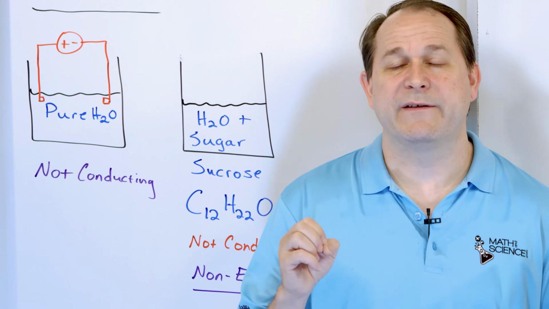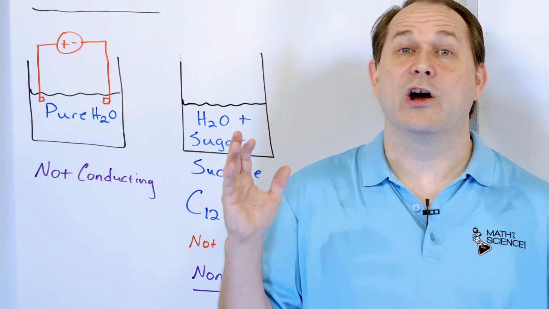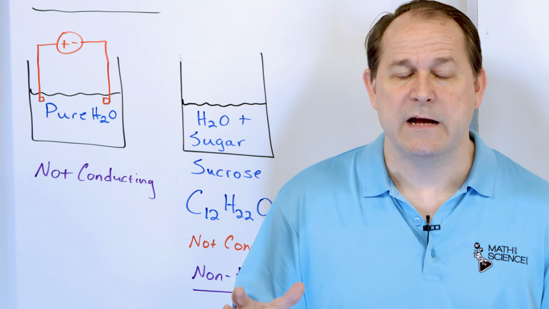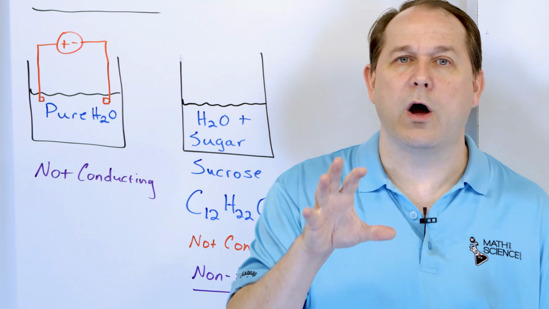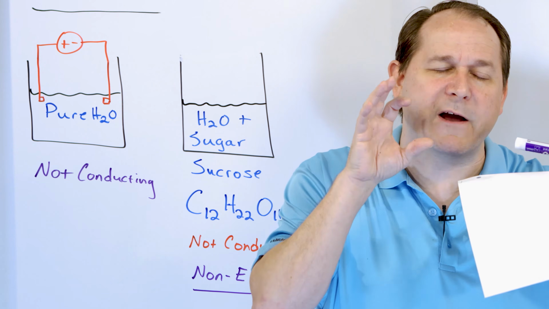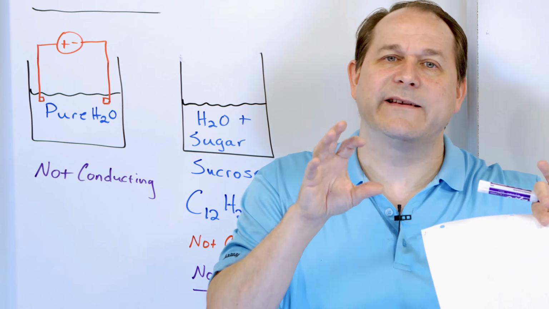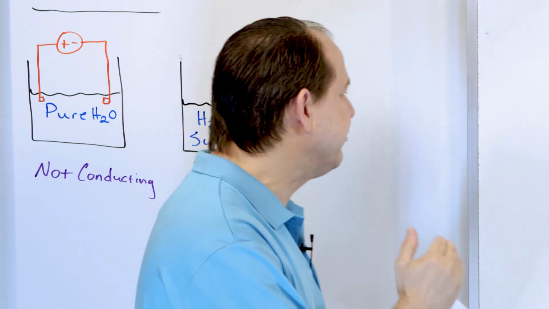But in chemistry, when we talk about electrolyte, I'm not talking about a sports drink. I'm just talking about a substance that when it goes into the water, even if it dissolves, I'm asking, does it break down into ions? Right? And in the case of sugar, it doesn't.